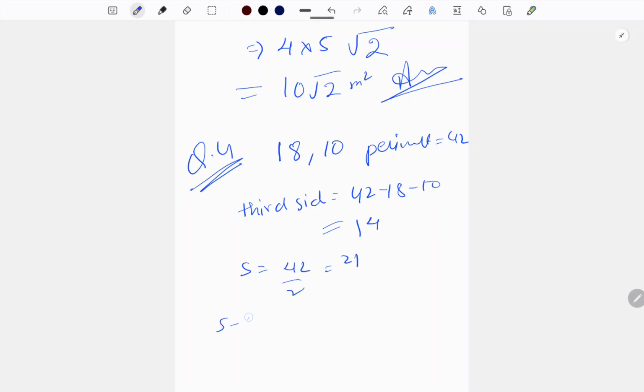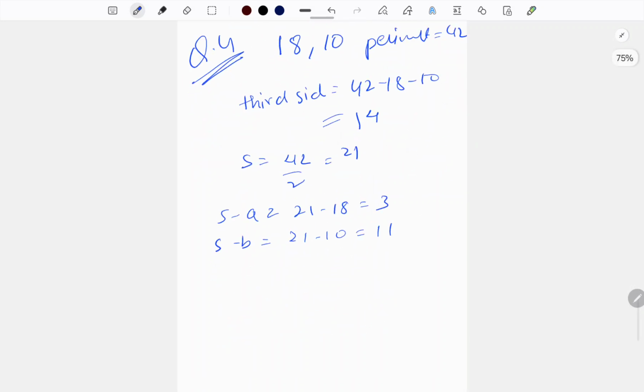S minus A will be 21 minus 18, 3. S minus B will be 21 minus 10 is 11. And S minus C will be 21 minus 14 will be 7.